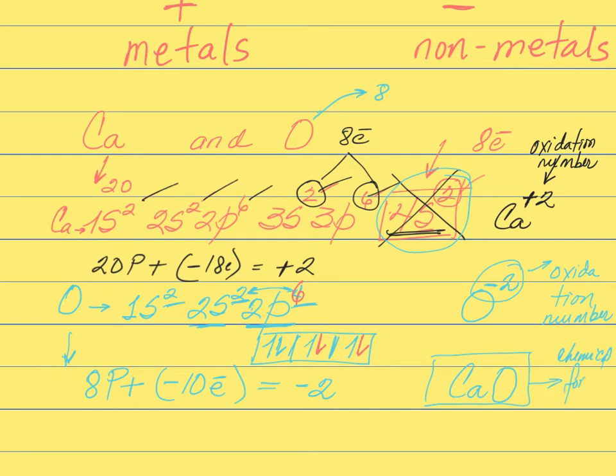We don't have any subscript here. You don't need it because calcium was losing 2, and those 2 were accepted by oxygen. So the combination ratio was 1 to 1.